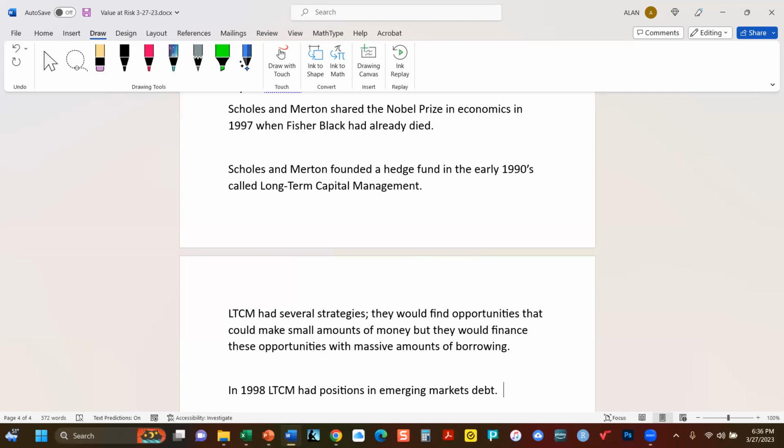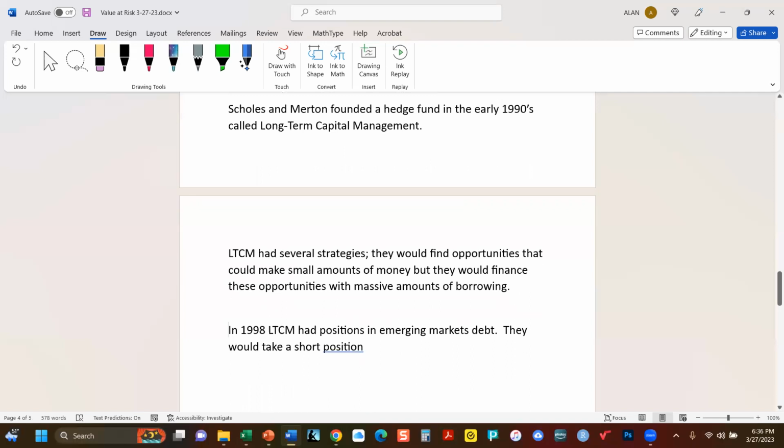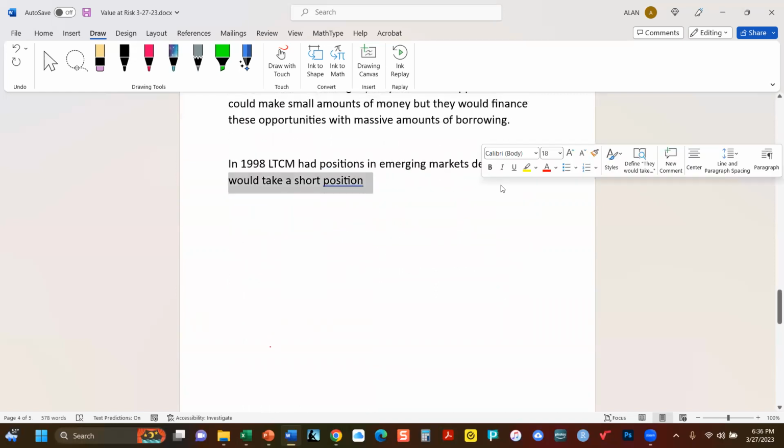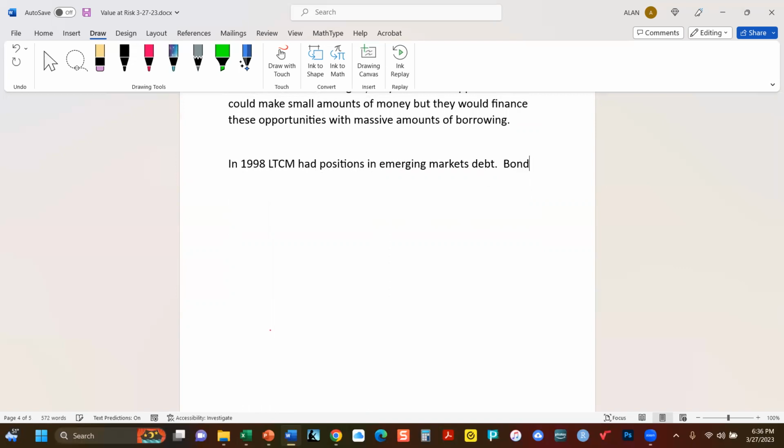Now, what they're effectively doing is they would take a short position. Now, let's think about this for a minute. How would this work? Now, remember, these are bonds. Bonds rise in price when interest rates drop. So imagine the following scenario.